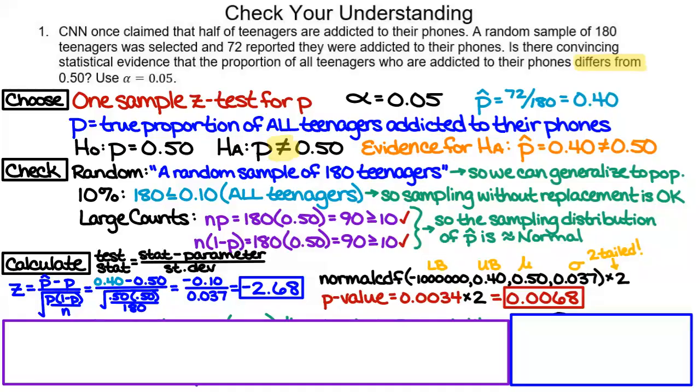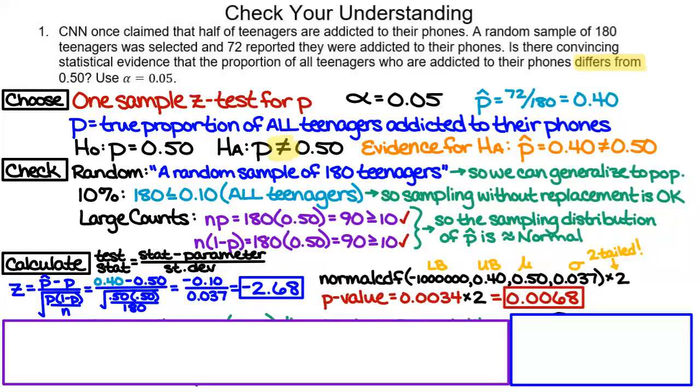This right here is what's on your formula sheet. If you look at that golden formula sheet that you have, the same one you'll get to use on the exam, it says standardized test statistic equals statistic minus parameter over standard error, standard deviation, whatever. Z equals p hat minus p over square root of p times 1 minus p over n.